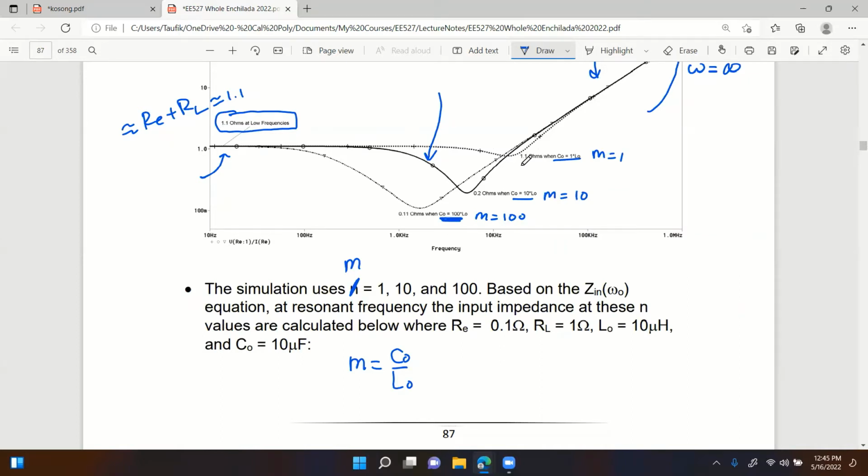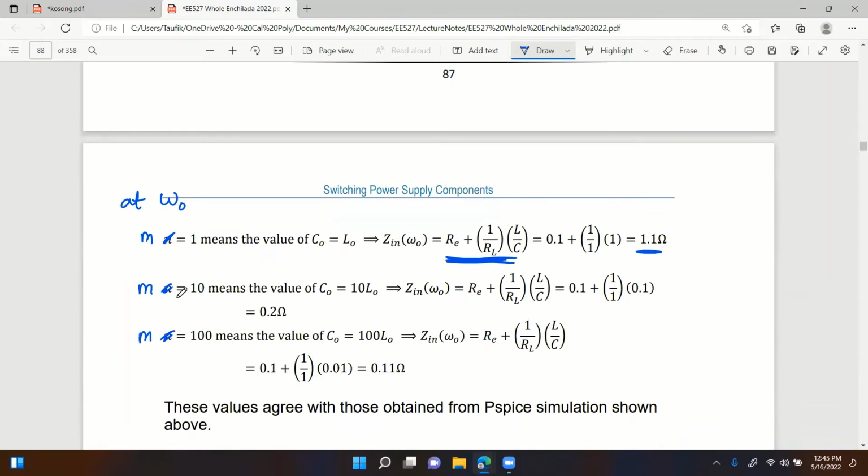1.1 ohms. Does it look like it's 1.1 ohms? It doesn't look like it's 1.1 ohms, huh? The other one, if you look at M equals 10 and M equals 100, M equals 10 is 0.2, M equals 100 is 0.11, right?